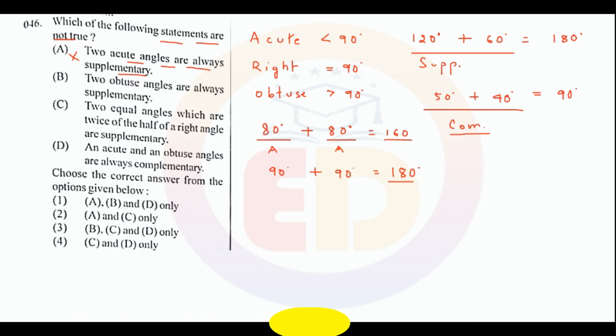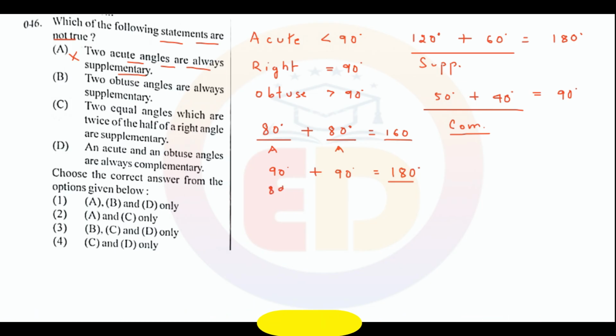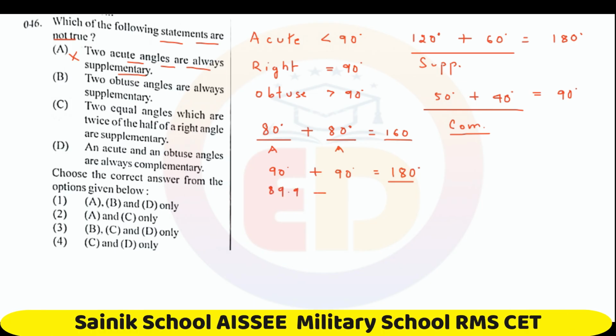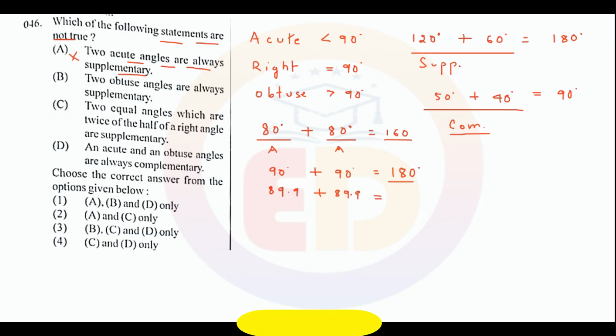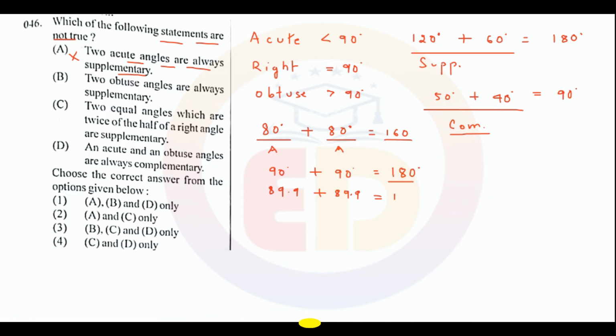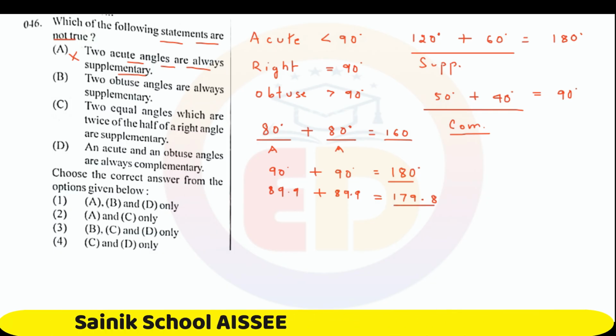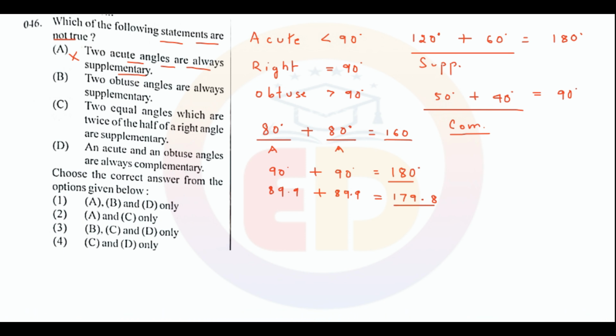Even if you take the greatest acute angle, which is 89.9, and then you add, even then you will not get 180 degrees. It will be 179. So it will still not come to 180. So the first option is wrong.